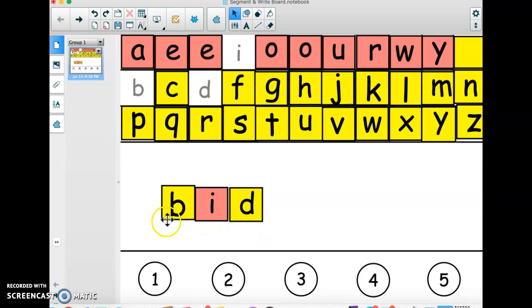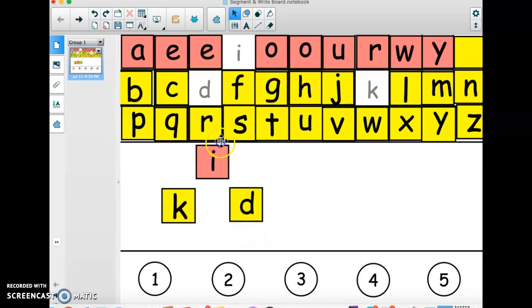Bid. That's correct. Bid. Okay, I want to change my old word bid to my new word. Good job. Kid. I want to change my old word kid to my new word.